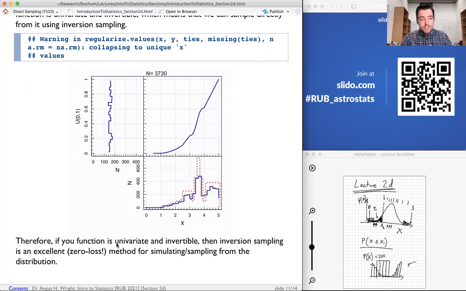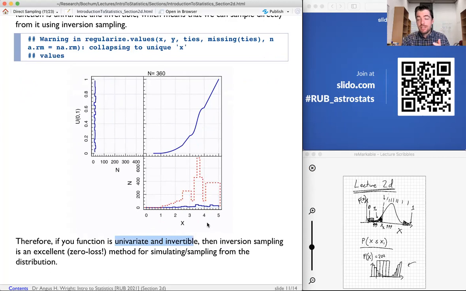So if the function is univariate and invertible, inversion sampling is an extremely powerful way of generating simulated variables, IID observations, from a particular distribution that is arbitrarily complex, provided it is invertible. Right? That was my caveat from earlier.